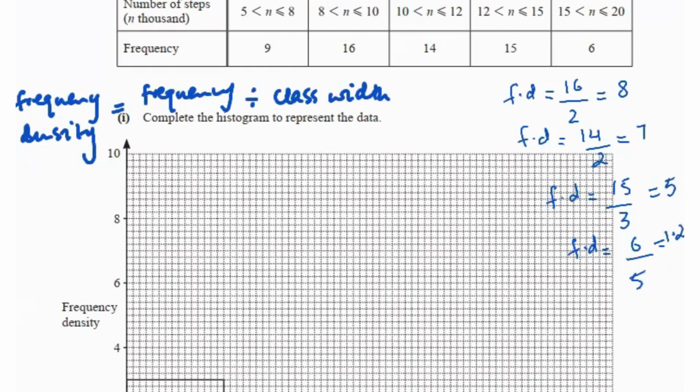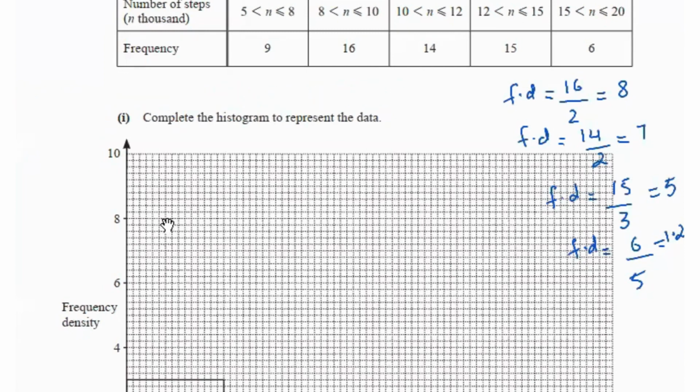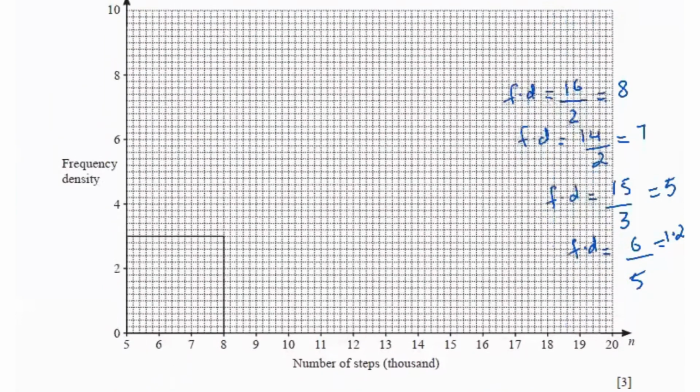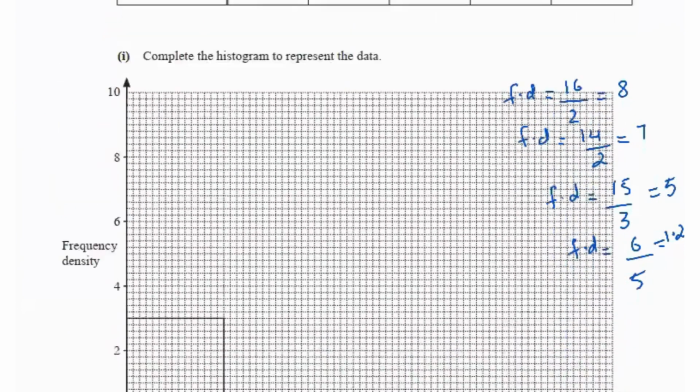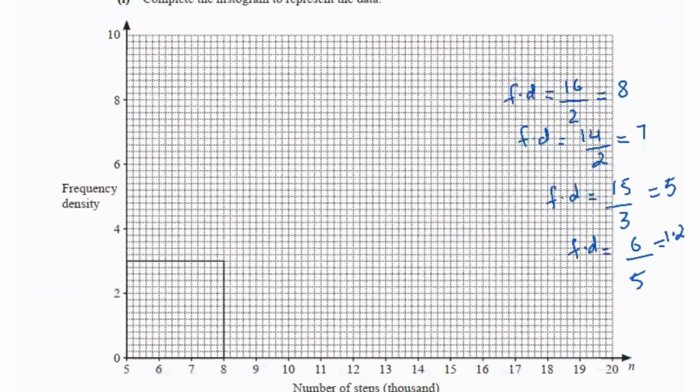So now if we remove this and scroll up. Okay, so for the first one, which was 8 to 10, we're going to go till 8.